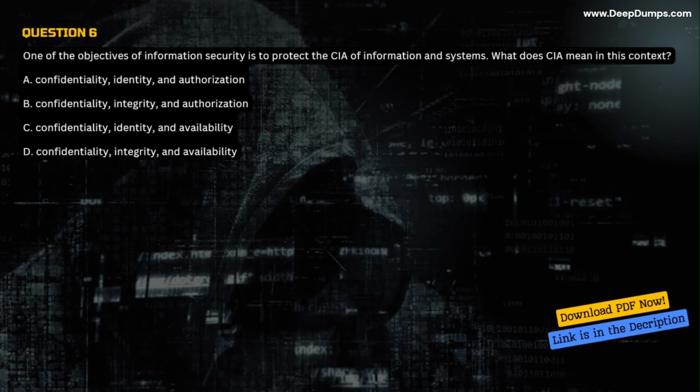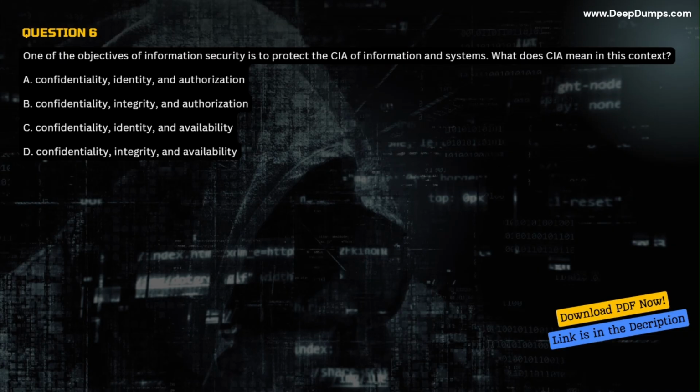Question 6. One of the objectives of information security is to protect the CIA of information and systems. What does CIA mean in this context? A. Confidentiality, identity, and authorization. B. Confidentiality, integrity, and authorization. C. Confidentiality, identity, and availability.